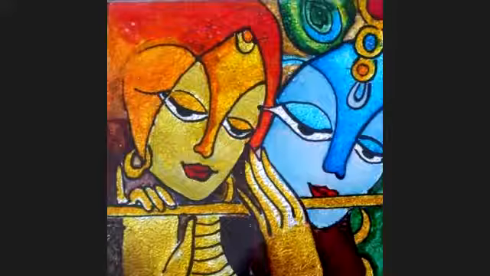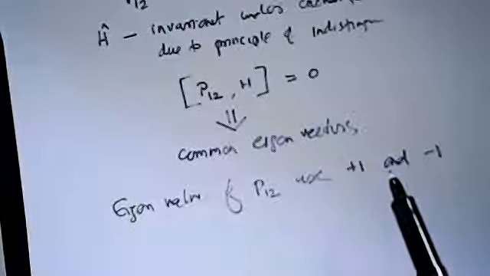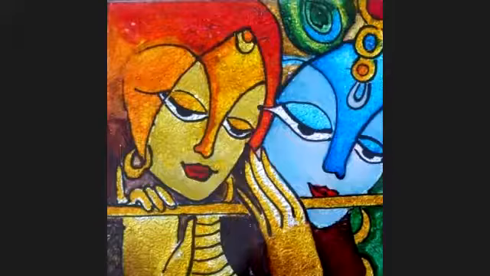Corresponding to each eigenvalue, there should be an eigenvector. So we have two different eigenvalues, plus 1 and minus 1. Correspondingly, we have two eigenvectors.